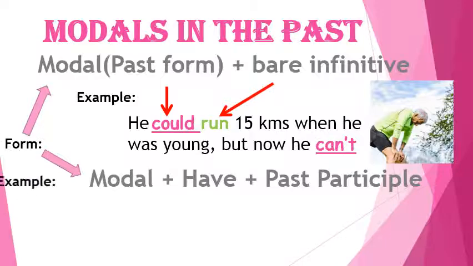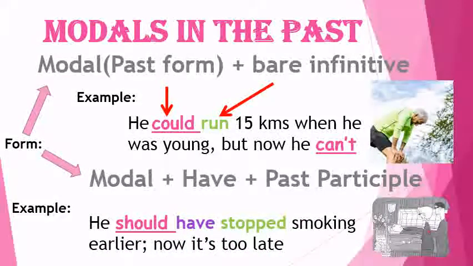My example: this guy is in a coffin, he has died, or let's say he is dying on his deathbed, in his last moment. His friend is talking to his wife and says to her, he should have stopped smoking earlier, now it's too late.